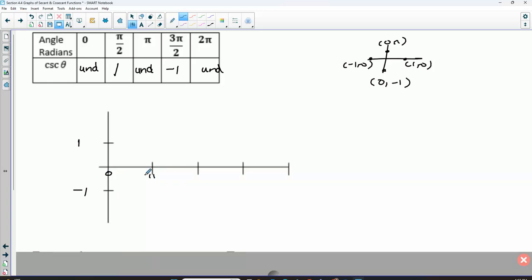All right, so we're back to the points that we were a little more used to on the x-axis. Pi over 2, pi, 3 pi over 2, and 2 pi. All right, and what we have, undefined, which means what on the graph?